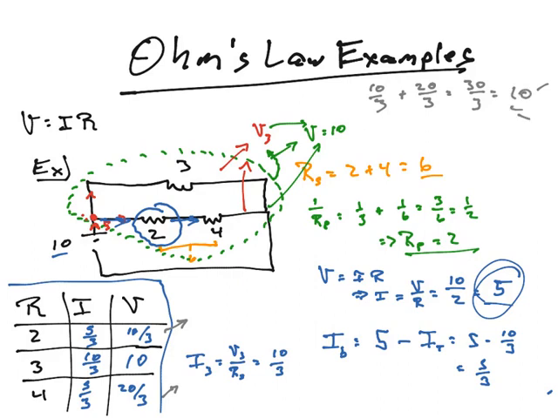So it works out. That's a check to make sure my math is okay. If I had done something wrong arithmetically, then when I do this check, I wouldn't get the same 10 as the top branch has. And I'd know I did something wrong. So I'd go back and look at my work and see where I made a mistake.